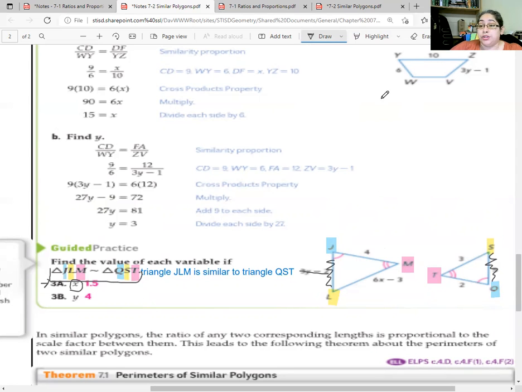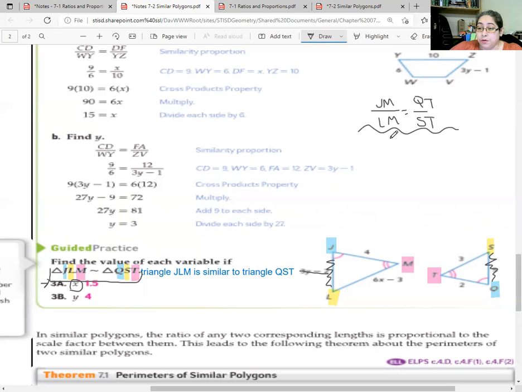So I'm going to do JM over LM, in proportion with the corresponding side. J corresponds to Q, M corresponds to T, L corresponds to S, and M corresponds to T.